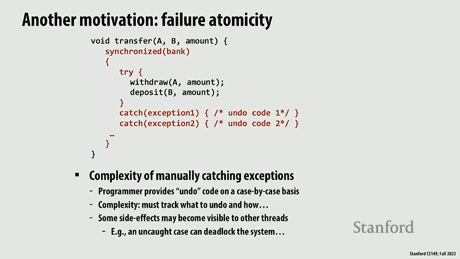And this is much easier with transactions because essentially when you abort a transaction, it's like a big undo, right? So you get the state of the system back to the point at which you started executing the transaction. Great, right? You don't have to worry about figuring out what state you need to put back. You don't have to worry about releasing any locks that you've acquired. And so it's a very clean and easy way of recovering from exceptions.